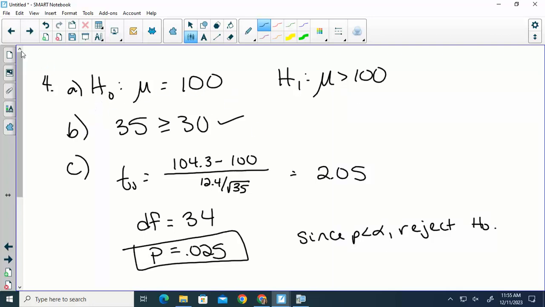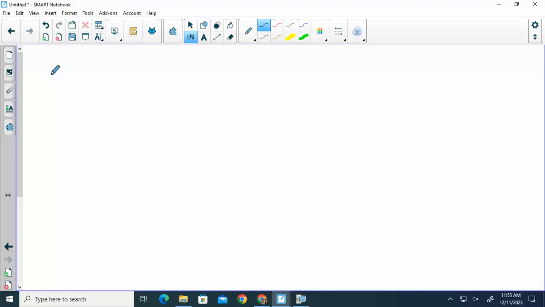Number 5. All right, golf balls are required to have a diameter of 1.68 inches. A random sample of golf balls was collected, the diameters were recorded. Assume the data is normal, so I don't have to worry about my criteria. We need a 95% confidence interval to determine if the balls meet the standards.